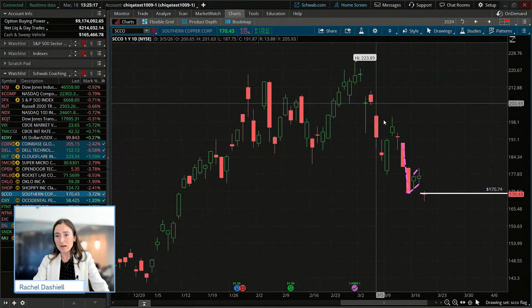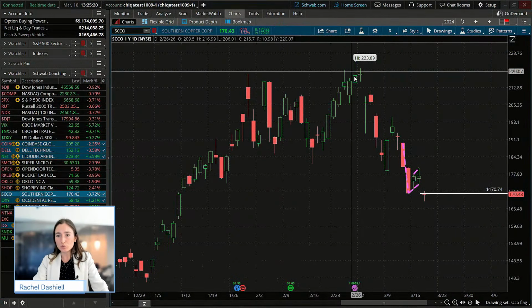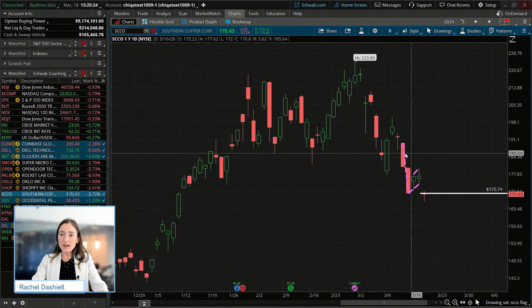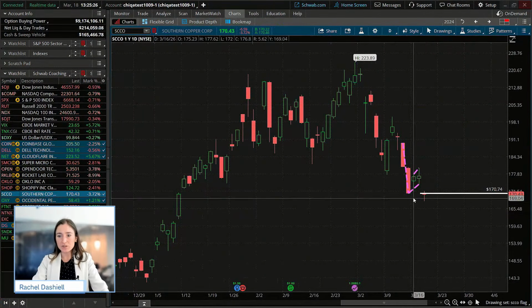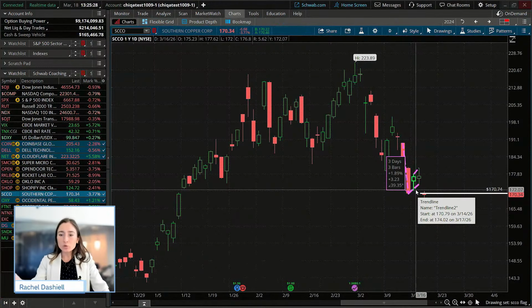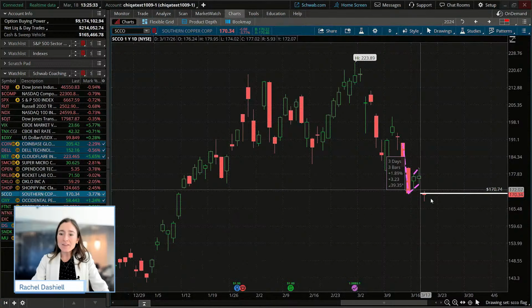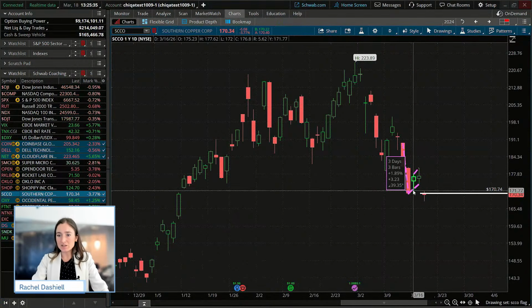So we can see that throughout this time, over the past few weeks, price has been in this short-term downtrend. And so a bear flag in this sense is that sharp continuation, a little bit of a throwback or a pullback there, and then another break to the downside.